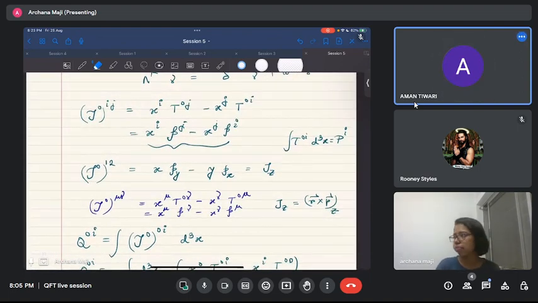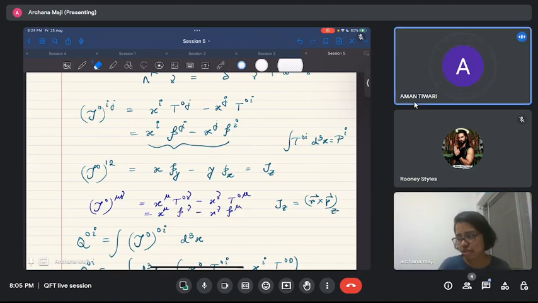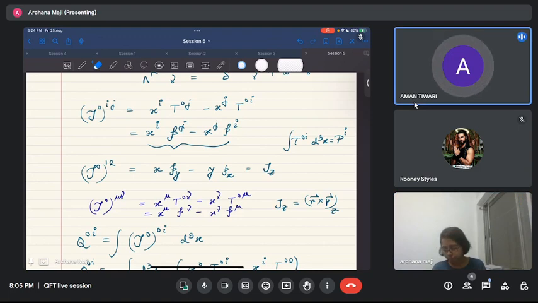Sure. Which book should I follow for this special relativity part? I'm basically following the book by Peskin and the lecture notes by David Tong. There are many books on quantum field theory actually. Where can I study this Lorentz group?